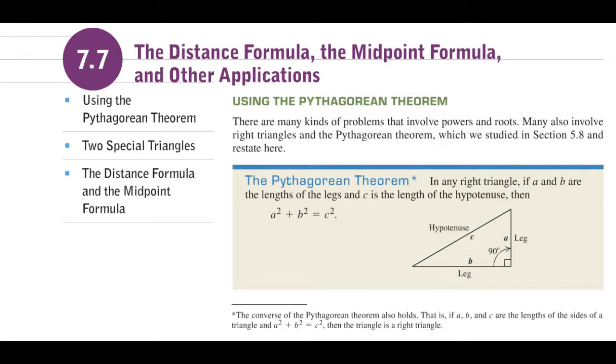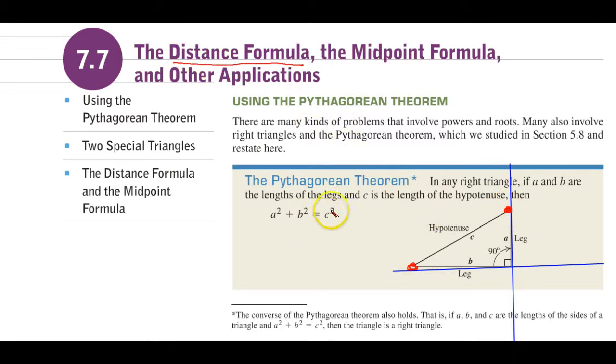if you are doing a graph, and on the graph you have, let's say, this point and this point, and you want to know the length of that line, that is the distance formula.